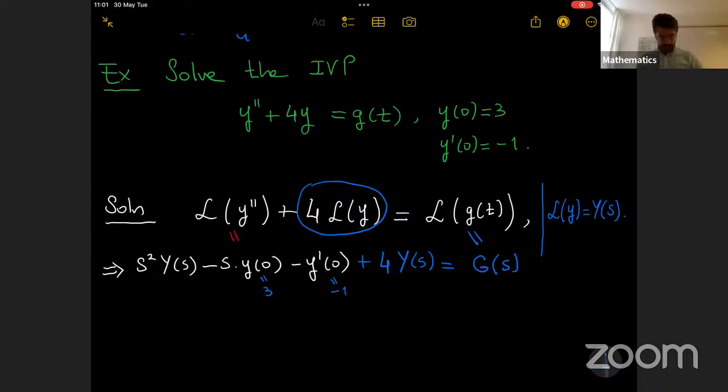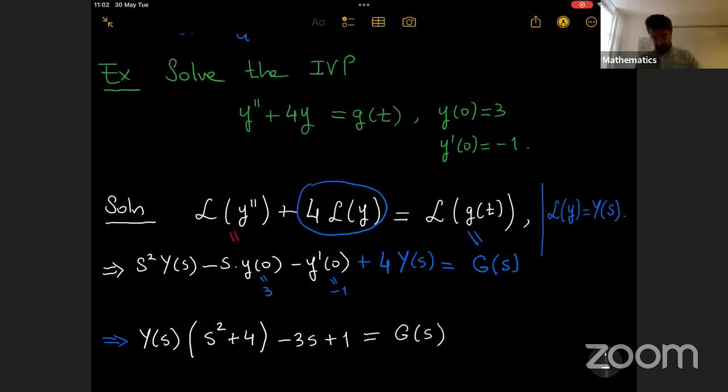So we get basically Y(s) in parentheses, s square plus 4, right, and we will have minus 3s plus 1 is equal to G(s).